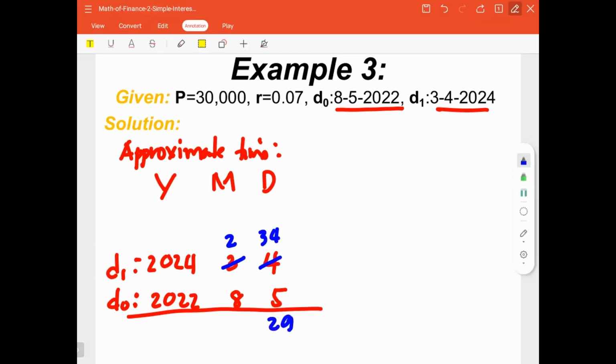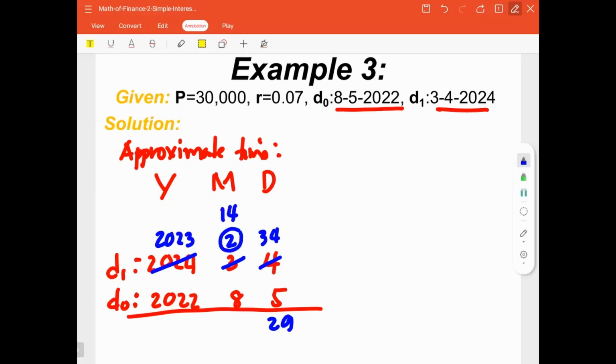Okay, then go to the next column. 2 minus 8, take note, these are in terms of months. So 2 minus 8 cannot be, so we borrow 1 year from 2024 and write it now as 2023. Take note, 1 year borrowed is equivalent to 12 months. So you add that 12 months to this 2, so 12 plus 2 is 14, right?